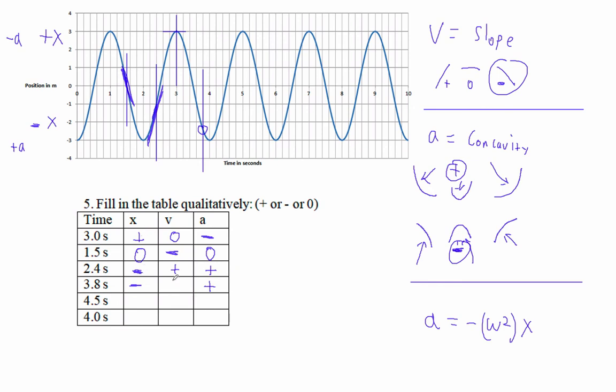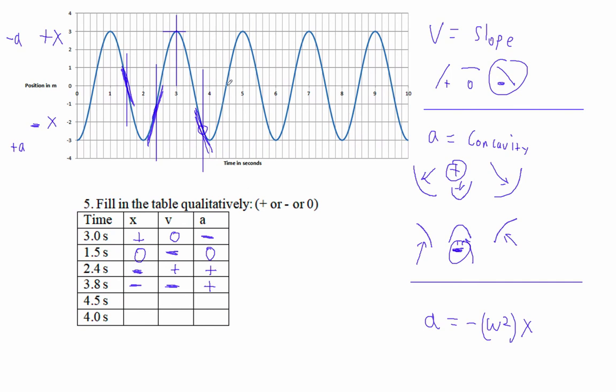This is negative, that's positive. Okay, let's look at our velocity. I think that's a downward sloping line there. The tangent line would be negative. Okay. By the way, you know your calculator. If you put your calculator in radians, type in this formula, and you have no idea, it'll give you the correct sign. Your calculator knows.